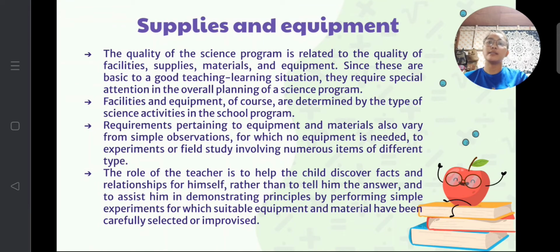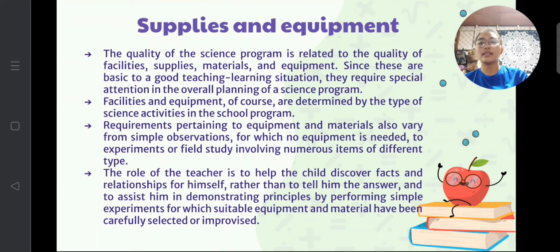New science publications are appearing almost daily for the use of students, teachers, and administrators. So the quality of the science program is related to the quality of facilities, supplies, materials, and equipment.